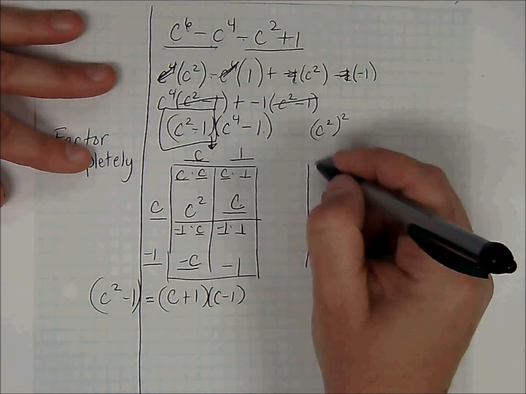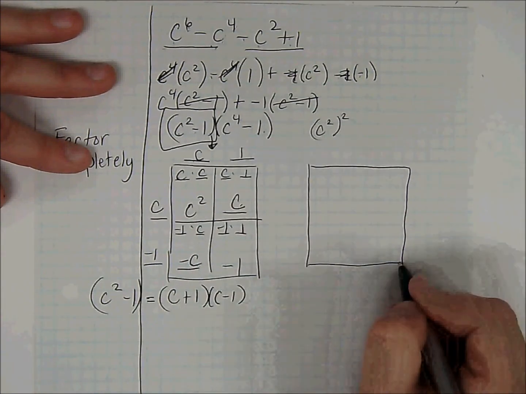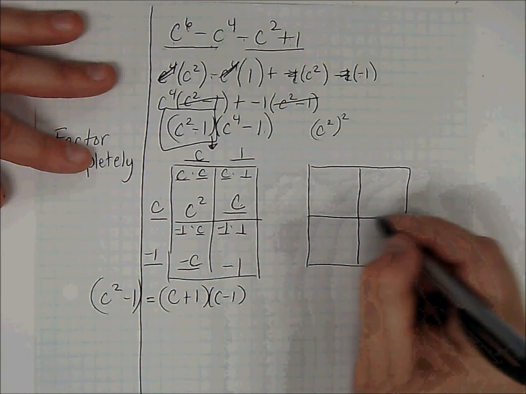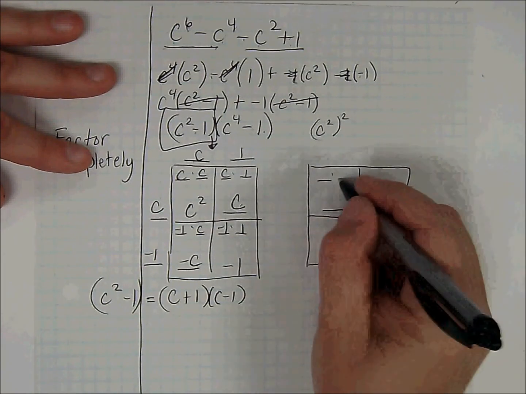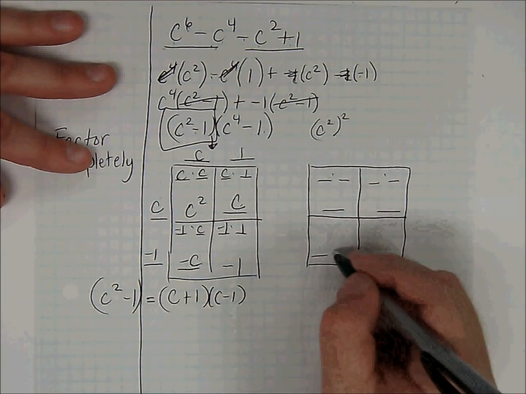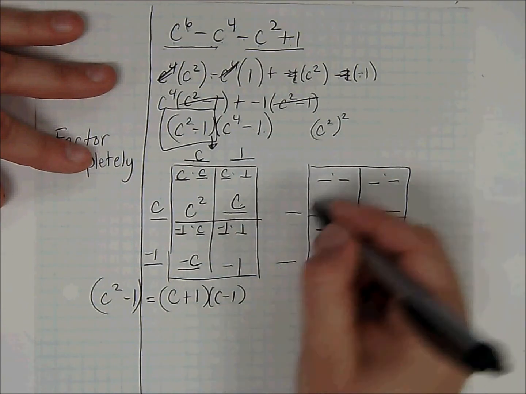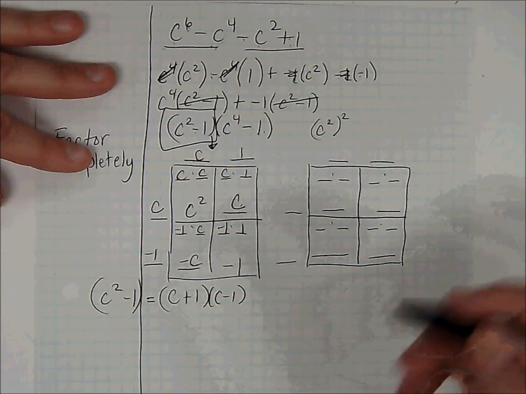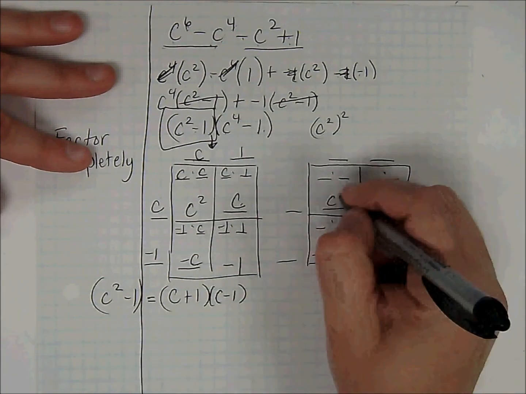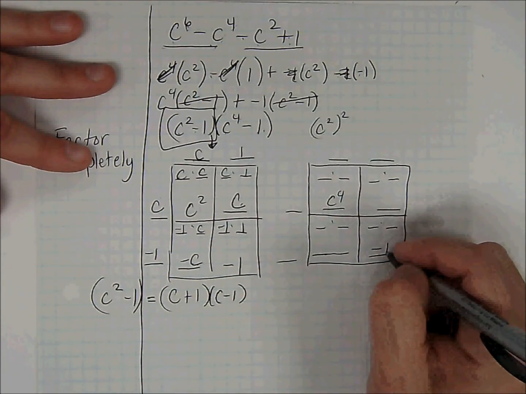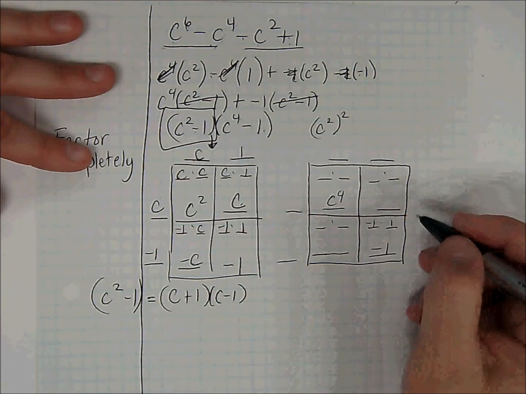But this one, let's do another box. It's a very long problem, not a horribly difficult problem. So don't let the factoring completely be something that you're worried about, because it's not difficult, it's just time consuming. And I'll show you one little step that if you can catch it, you can save a step. So c to the fourth and negative 1. So we have negative 1 and 1.